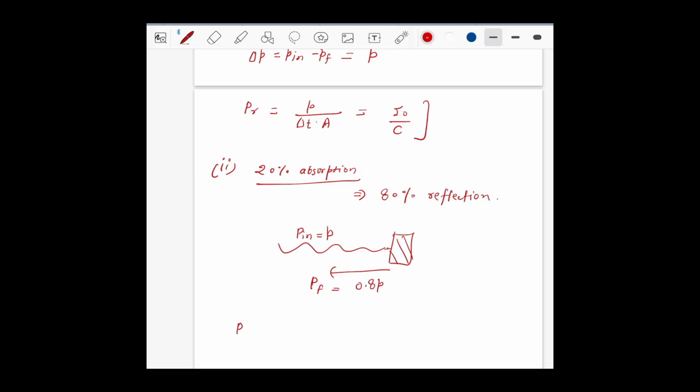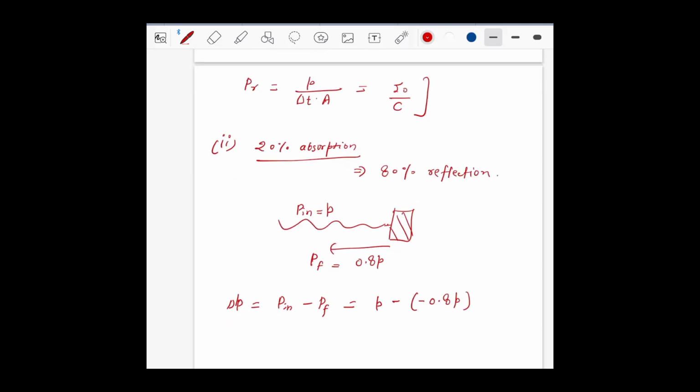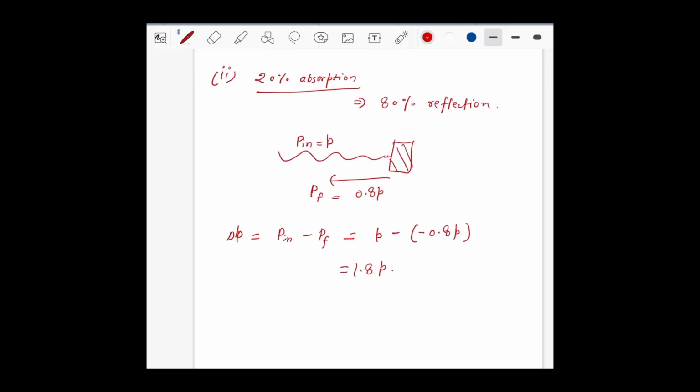So the change in momentum is given by P initial minus P final. P initial is P, and since the direction of P initial and P final is opposite, it is minus negative 0.8 times P. So the change in momentum is 1.8 times P.